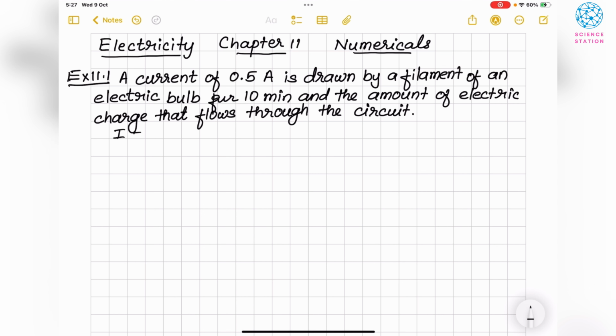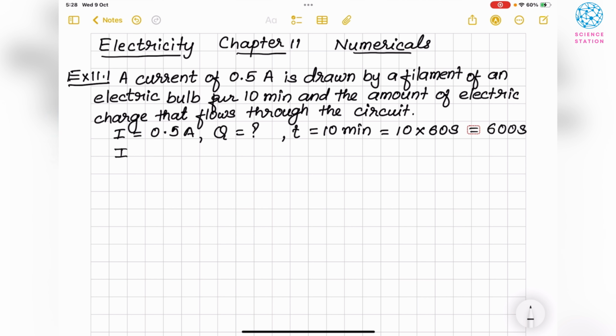So, here I equal to 0.5 ampere is given, Q is not given to me, T is given as 10 minutes, but I can't take it in minutes, I have to convert it into seconds. So 10 into 60 seconds, as 1 minute equal to 60 seconds, so this will be 600 seconds.